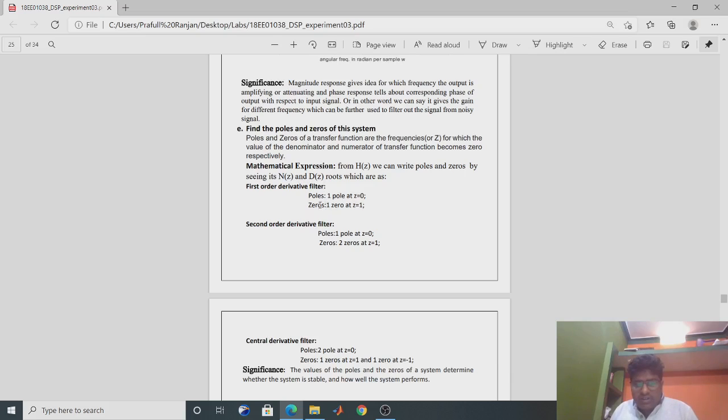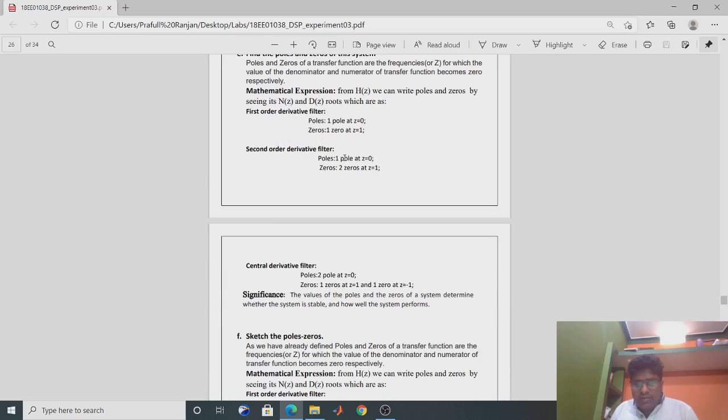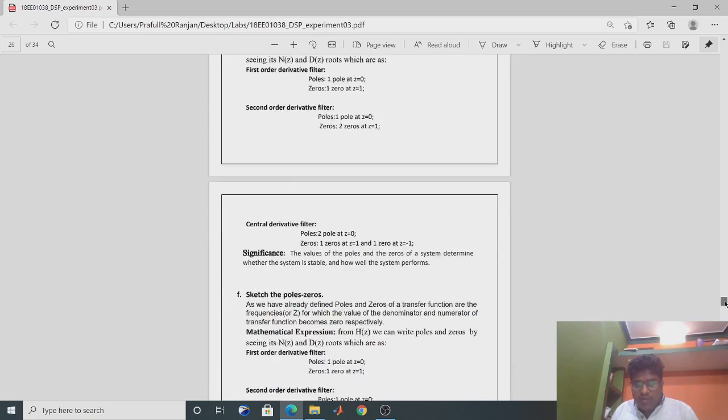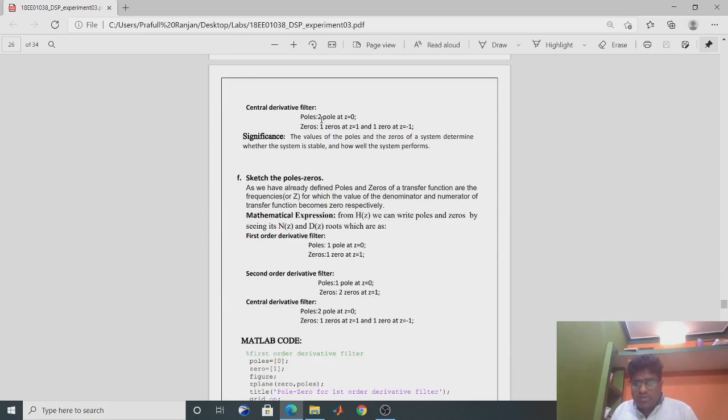So for the first order derivative, there is one pole at z equal to 0, and a zero at z equal to 1. Similarly for the second order derivative, there is a pole at z equal to 0, and zeros at z equal to 1. Two zeros are there. For the central derivative, there are 2 poles at z equal to 0, and 1 zero at z equal to 1, and 1 zero at z equal to -1.